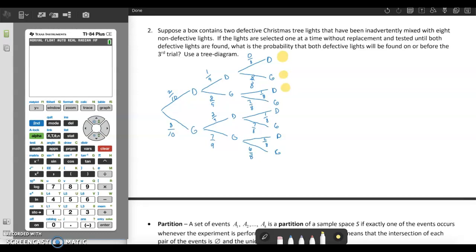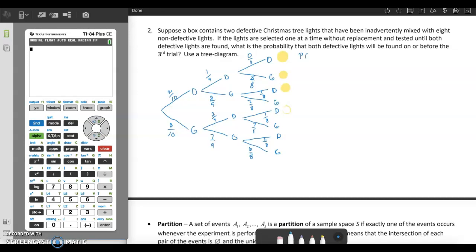But D, G, G did not, so I'm not going to keep that one. Good, defective, defective found both. Good, defective, good didn't. Good, good, defective didn't, and good, good, good didn't. So what I see is 4 of these branches lead me to finding both defective lights after 3 draws. So I need to calculate up the ands for these branches and add them all together.